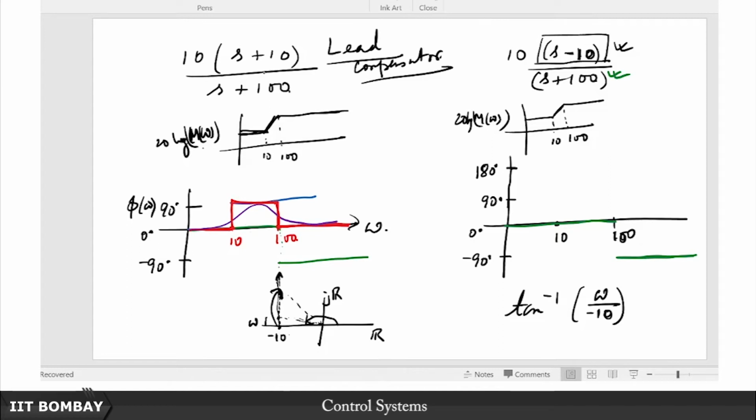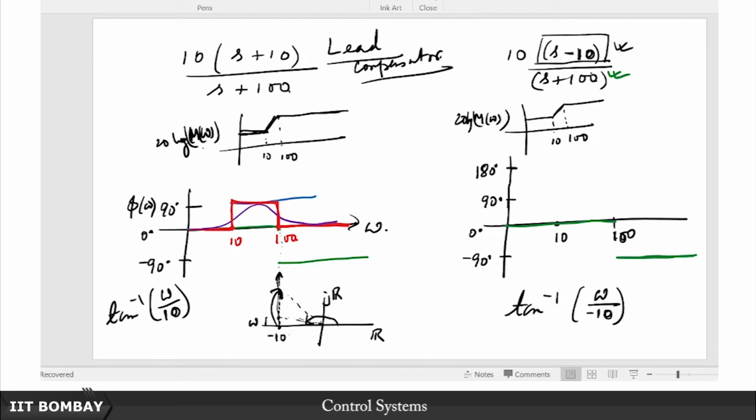It was tan inverse of omega over 10, so you started from 0 and increased to 90 degrees. Here you start from 180 and reduce to 90 degrees, because this is a clockwise rotation, which is a reduction in the phase.